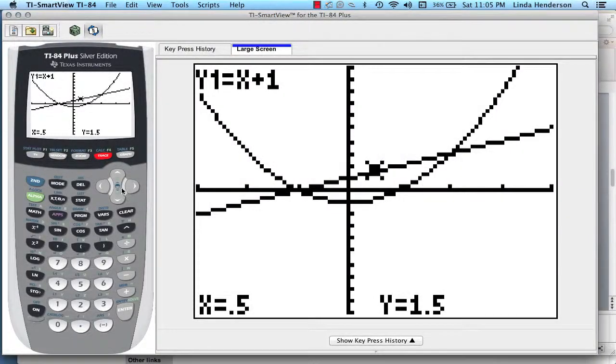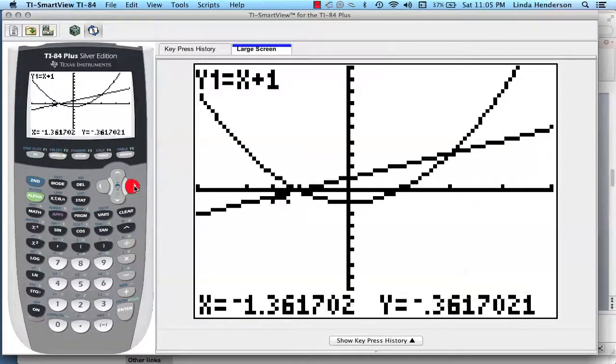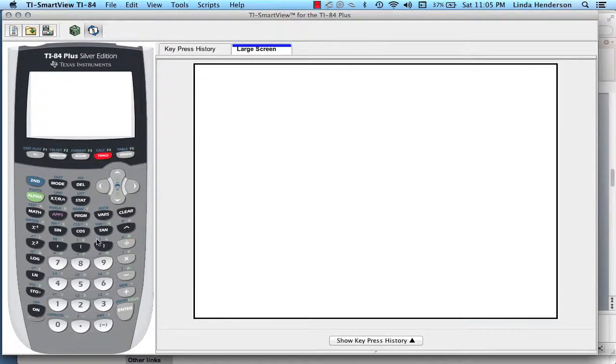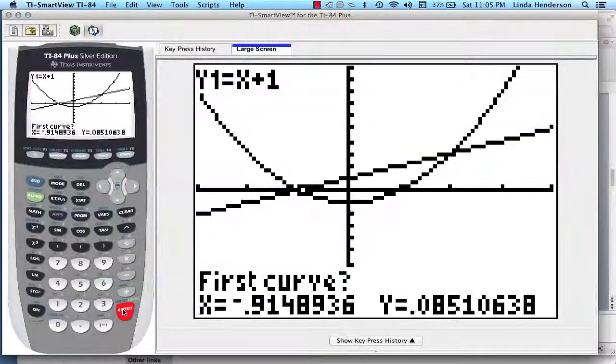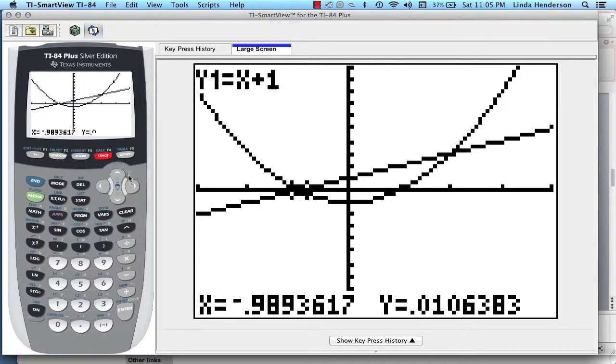So let's go ahead and find one of those really quick just to be sure. It should be -1. Yes. All right, and this other one should be 2.